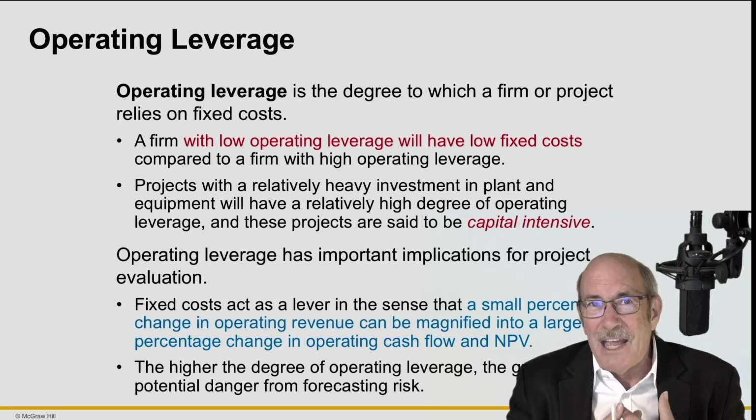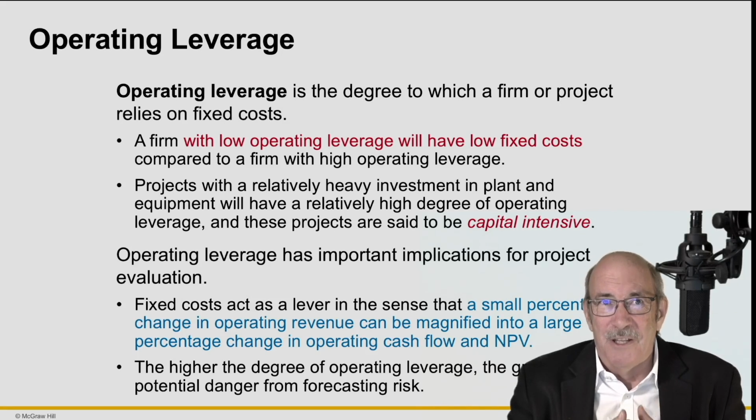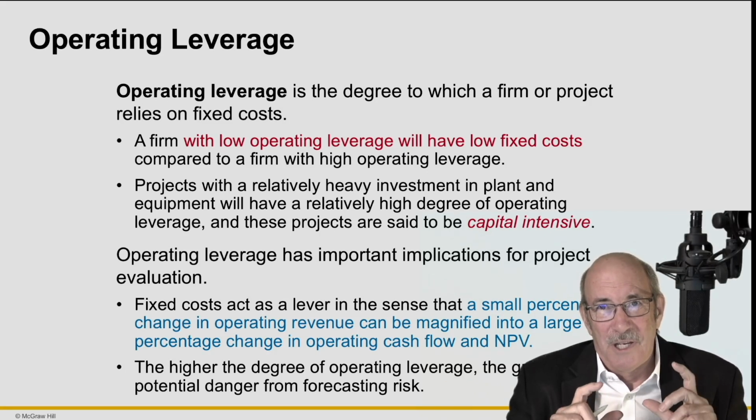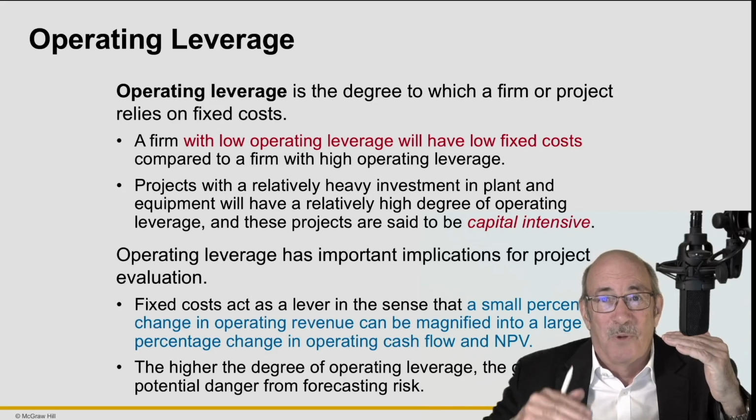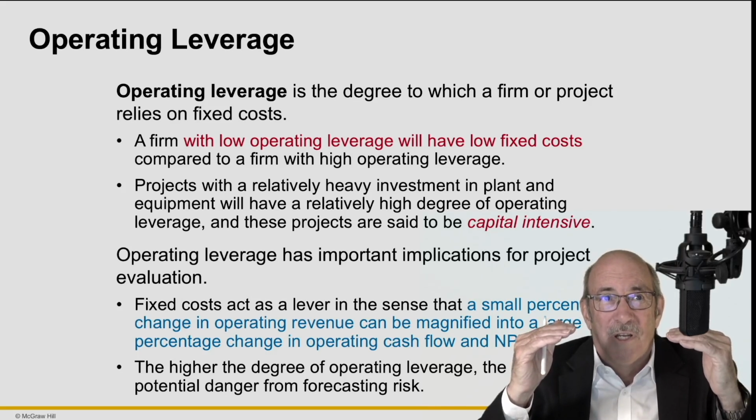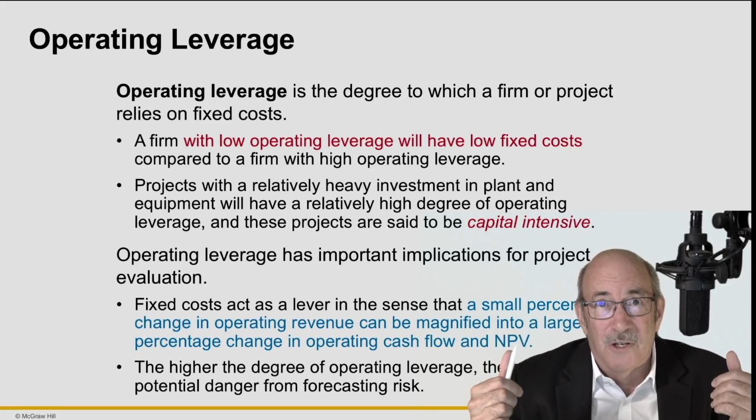So when we have high operating leverage, we have the ability to borrow a fair amount of money on that. And that lowers the amount that we need to raise in the equity capital markets. And that's a problem, right? Because high financial leverage coupled with high operating leverage makes our business much riskier.